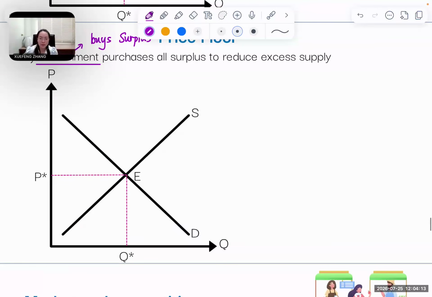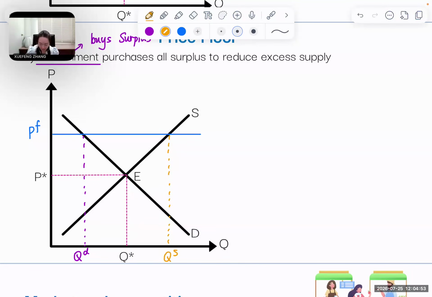Okay, let me finish the graph. So we have the equilibrium, right? So government sets the price floor. What happens here? Because right now the price is too high, so there's less demand, but higher supply, right?